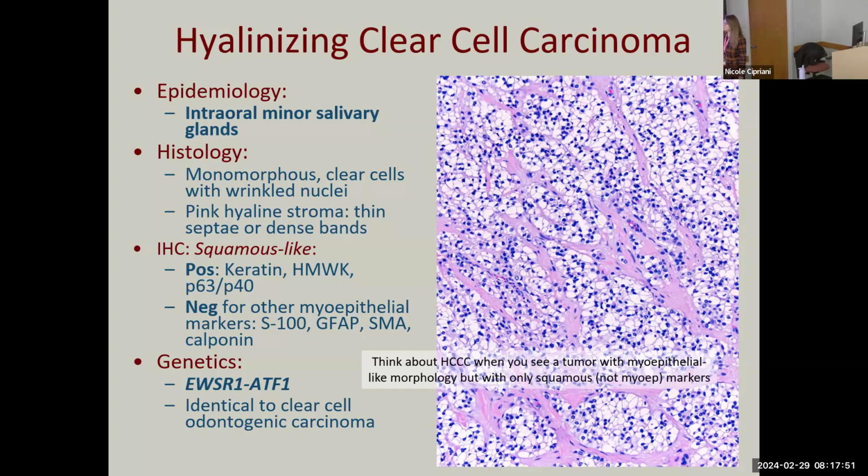There is a morphologically identical tumor in the jaws called clear cell odontogenic carcinoma. The only difference is that it arises in the jawbones instead of in the soft tissues up here, but is otherwise identical.